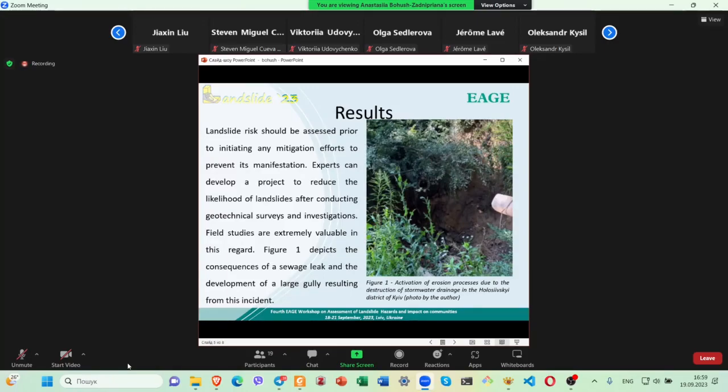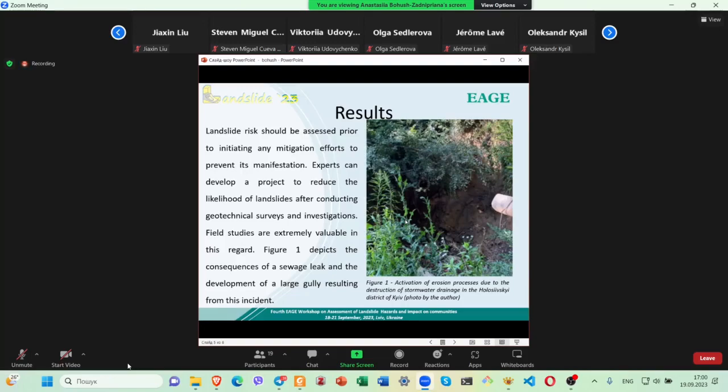Every precaution should be taken to ensure that those involved have the necessary knowledge and skills to prevent and manage the risk effectively. Landslide risks should be assessed prior to initiating any mitigation efforts to prevent its manifestation.